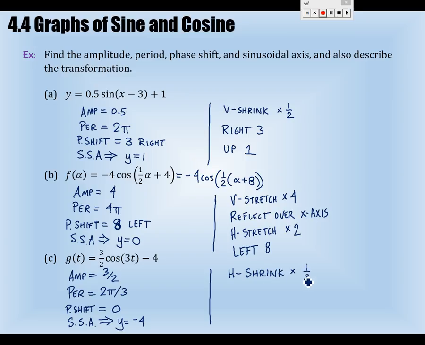Or we could say by a third. Whatever people mean by that, I don't know. And vertical transformation. Yeah. Good. We good on those?